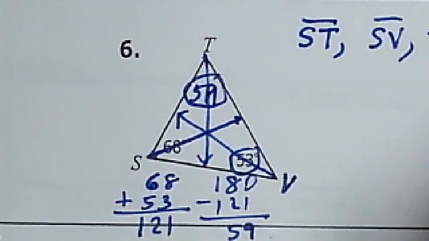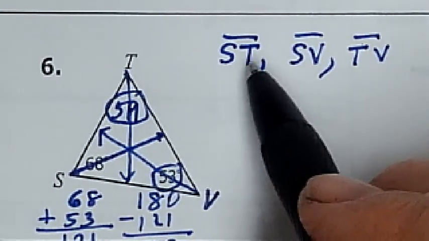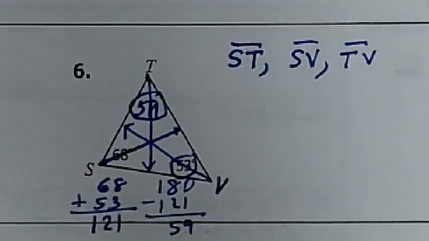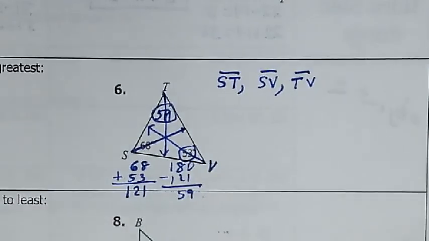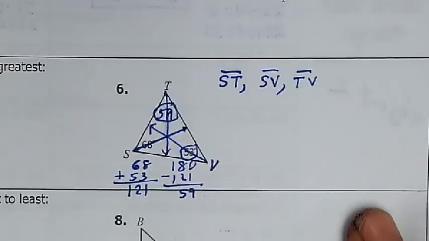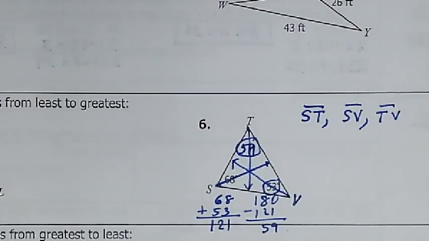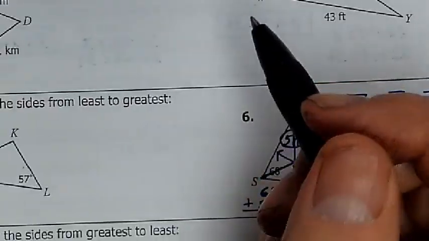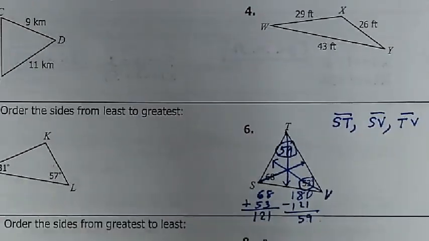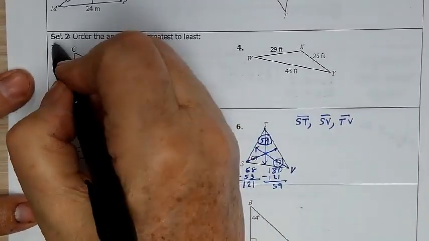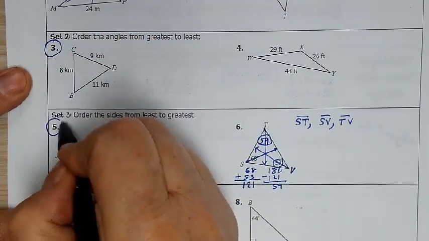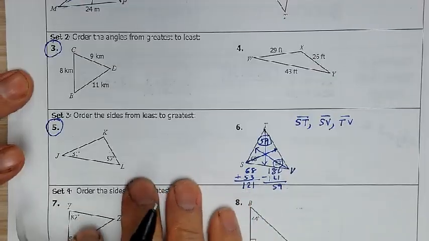Now let me tell you what your assignment's going to be. On this page, please listen very carefully. You're going to do 3 and 5 on the second page. Then go back to the front page.